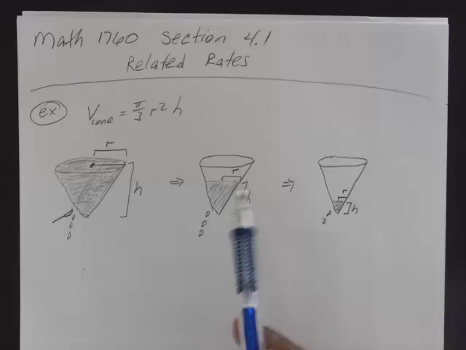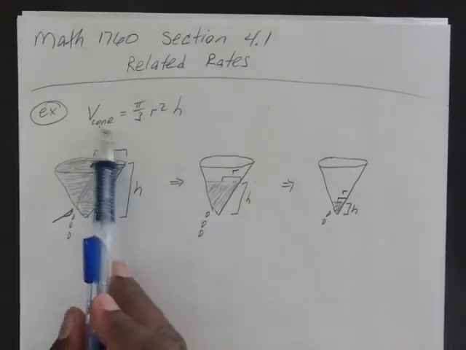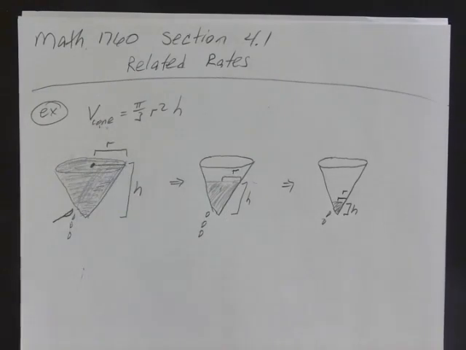Okay, so as the height and the radius get smaller, the volume will also get smaller. So we know that the volume of a liquid is related to the radius and the height.